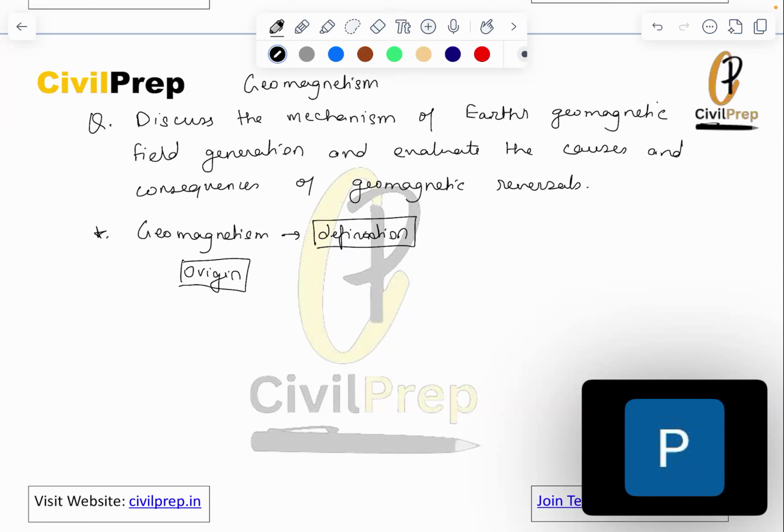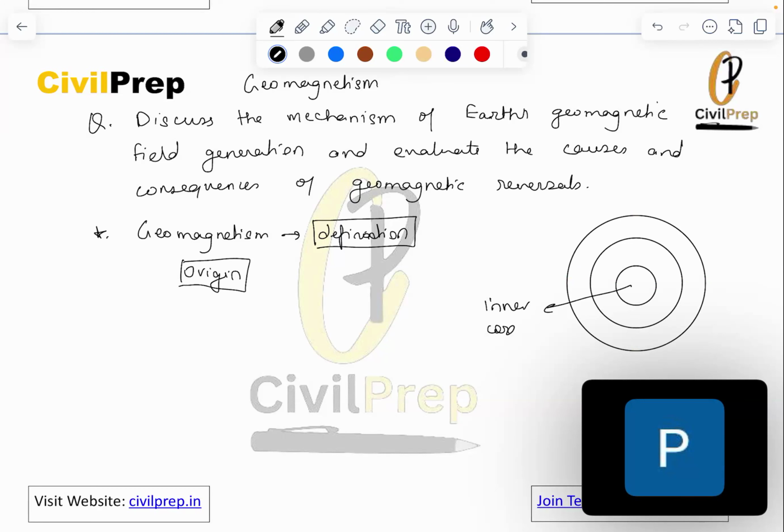Okay, so when we are looking at the origin of the geomagnetic field, we will see here that we have the crust, mantle, outer core, and inner core. So this is the inner core, this is the outer core, this is the mantle.